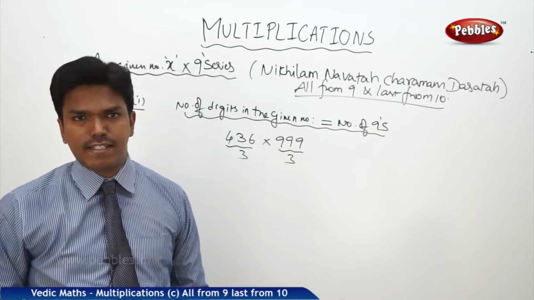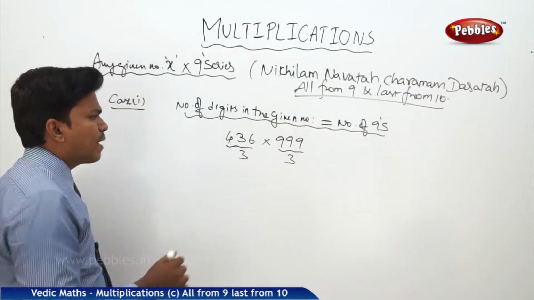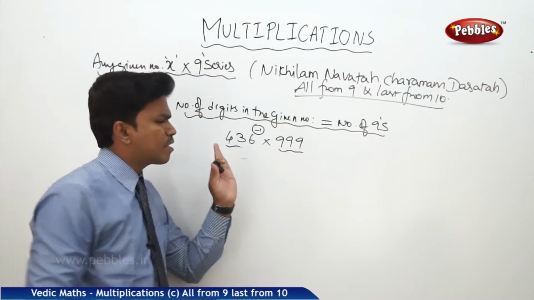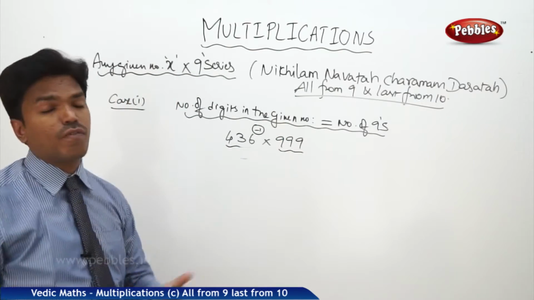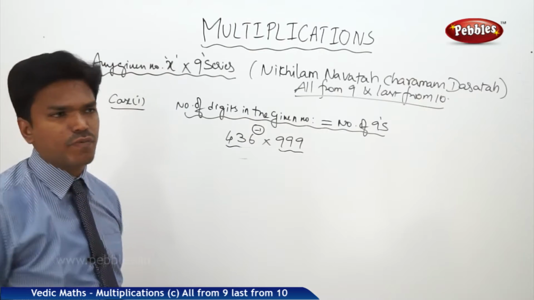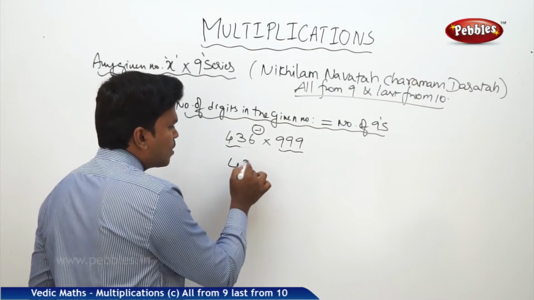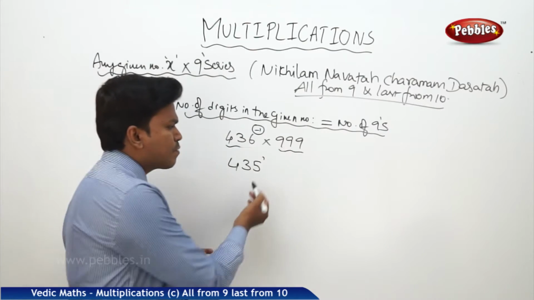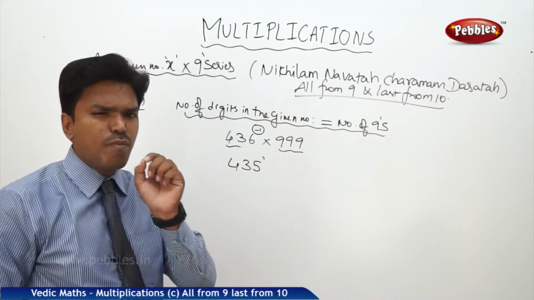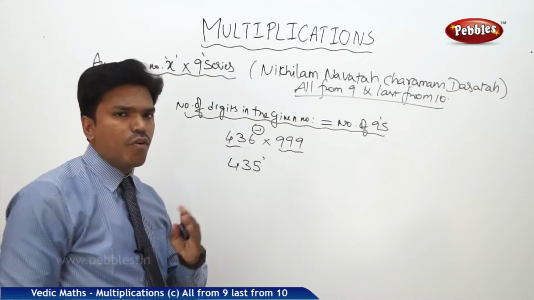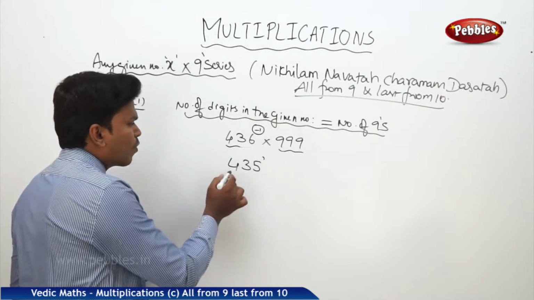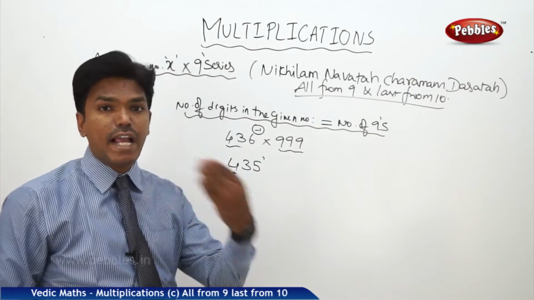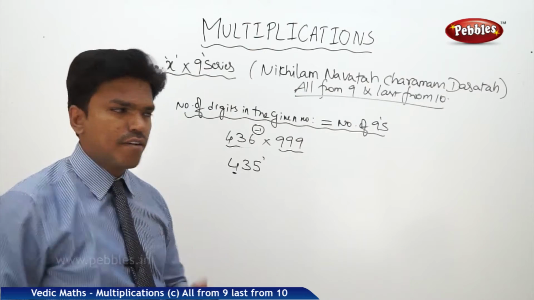So if that is the case, simply do one thing: first, subtract 1 from the given number. What is the given number? 436. Subtract 1 from that one and we get 435. After 435, put a small quotation mark. Now, for 4 to make it 9, how much do I need to add? 5.